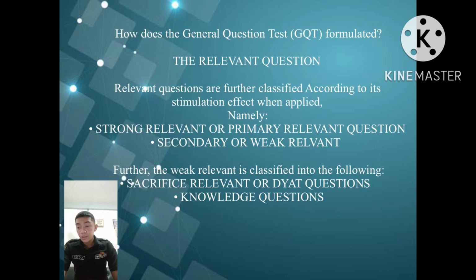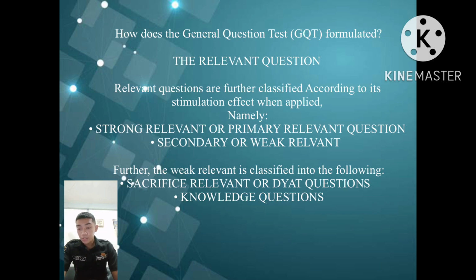Further, the weak relevant is classified into the following: sacrifice relevant or DIAT questions. Do you intend to answer truthfully? Designed to observe the response generally generated by the introduction of the first relevant questions in the series.